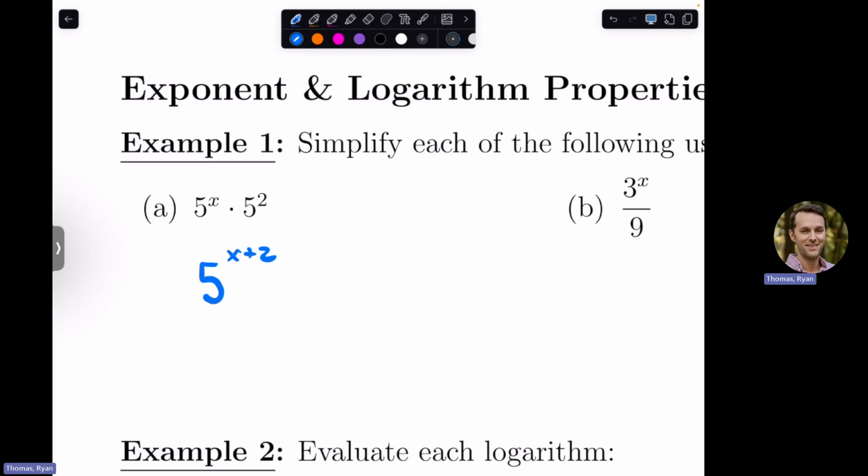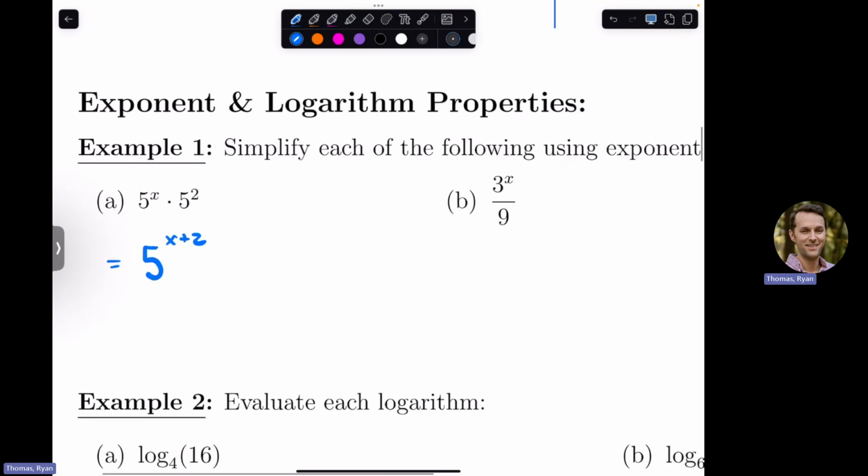So what this says is that if you take 5 to the x and stretch it by 25 vertically, that's the same thing as if you just took the function and slid it over a little bit. That's a cool thing that exponentials do: when the bases match like that, when the stretching factor matches, it's the same thing as just sliding it over. Okay, but that's how the exponent properties would work there.